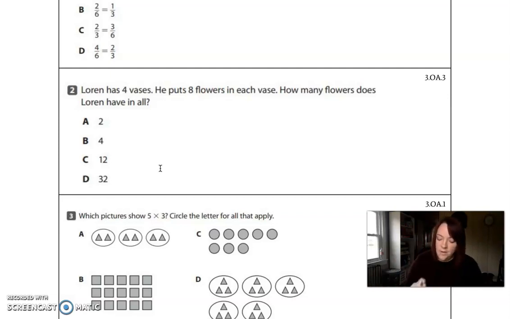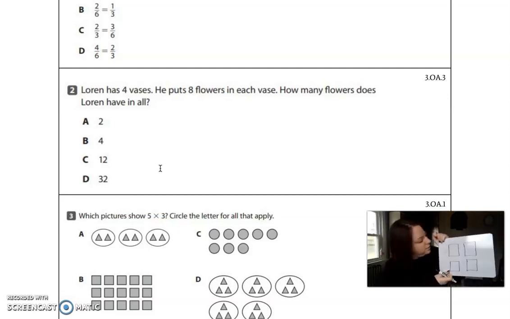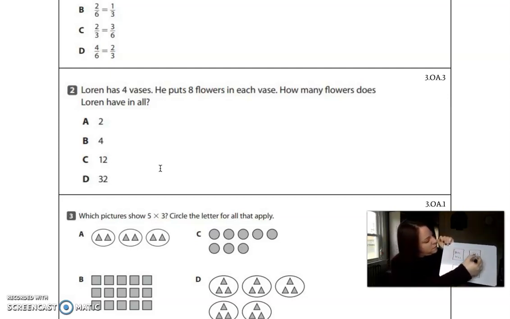So I'm entering my vases. Now we're going to put 1, 2, 3, 4, 5, 6, 7, 8 in each one. So we have 8 flowers in our 4 vases.